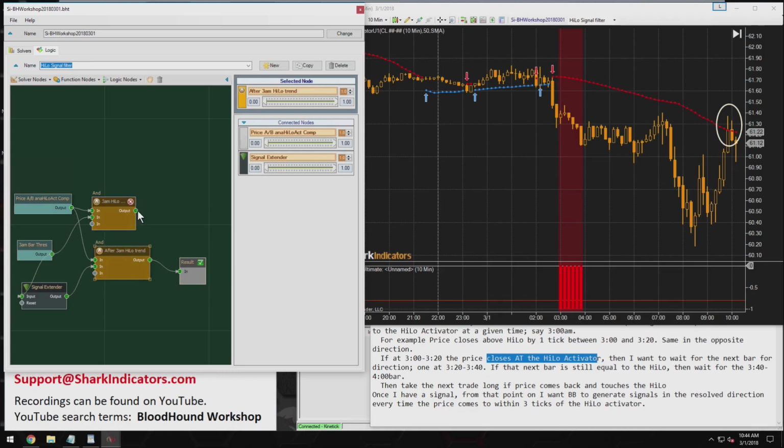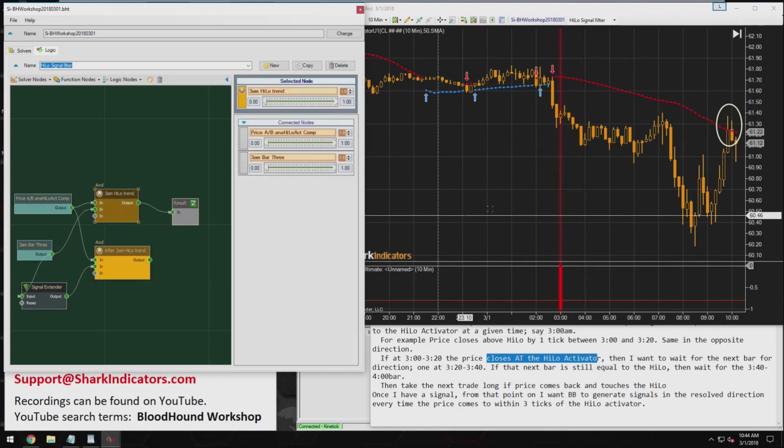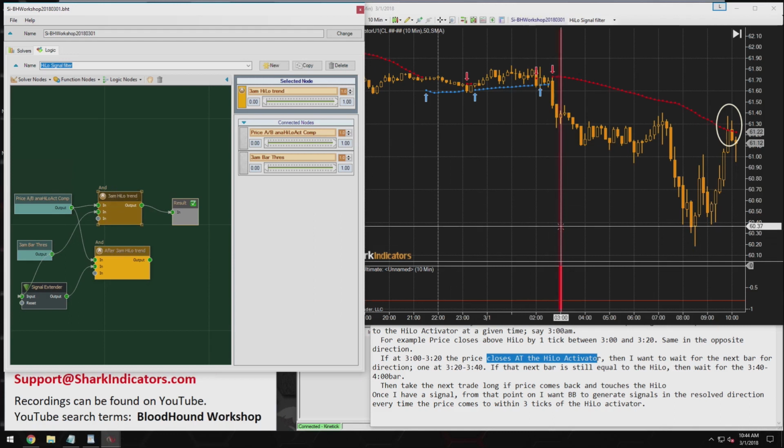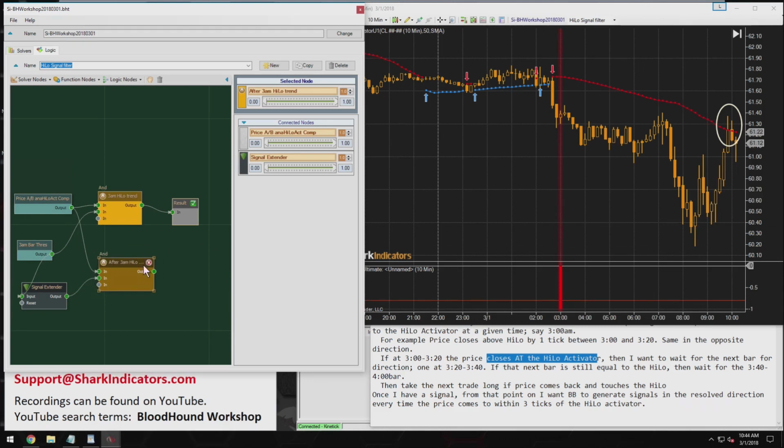Now, here's the key to our logic. If we get a signal on this first bar, then we don't need these checks afterwards. So we should turn these off.